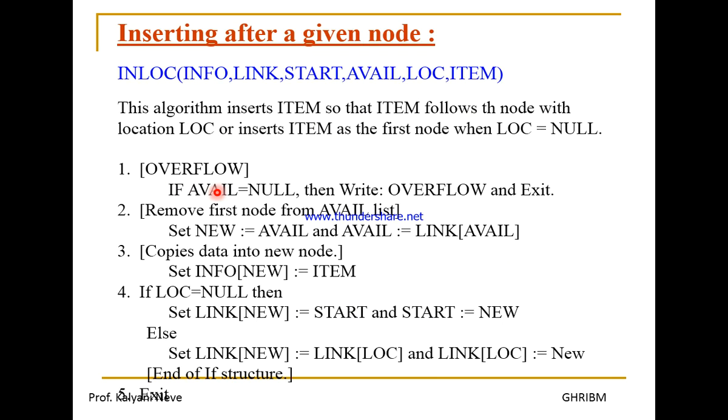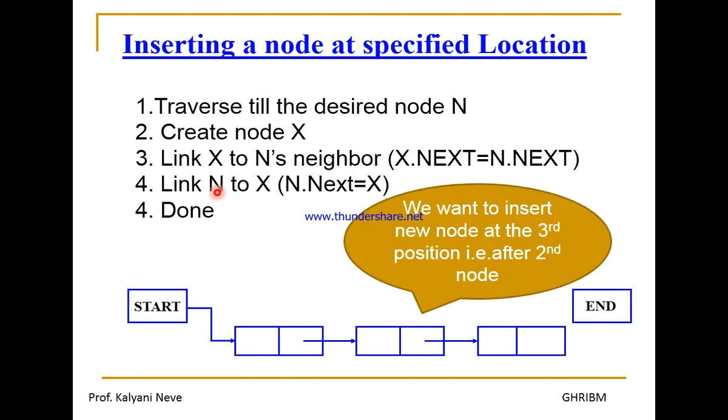Okay, now the second algorithm is to insert a new node in the mid of the linked list, that is, after a given node or at the specified location given by the user. Now again we see the steps which you have to do during this process.